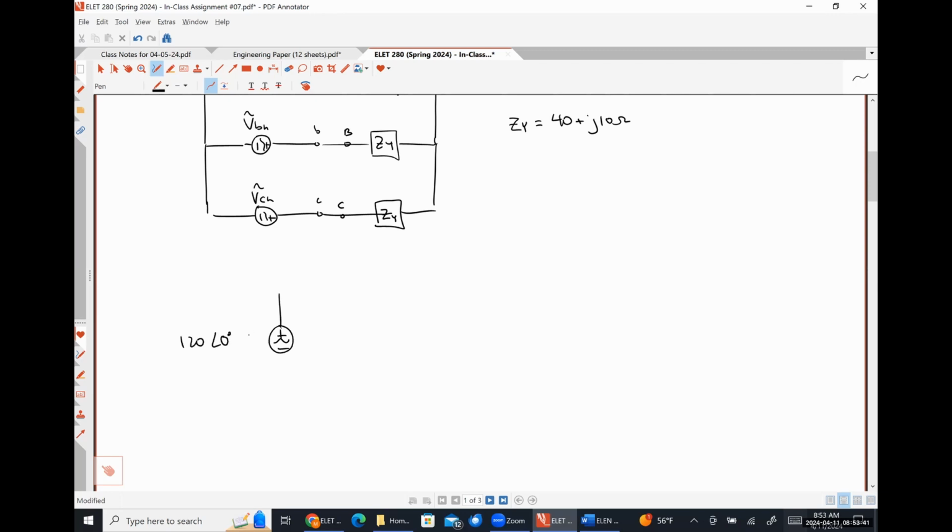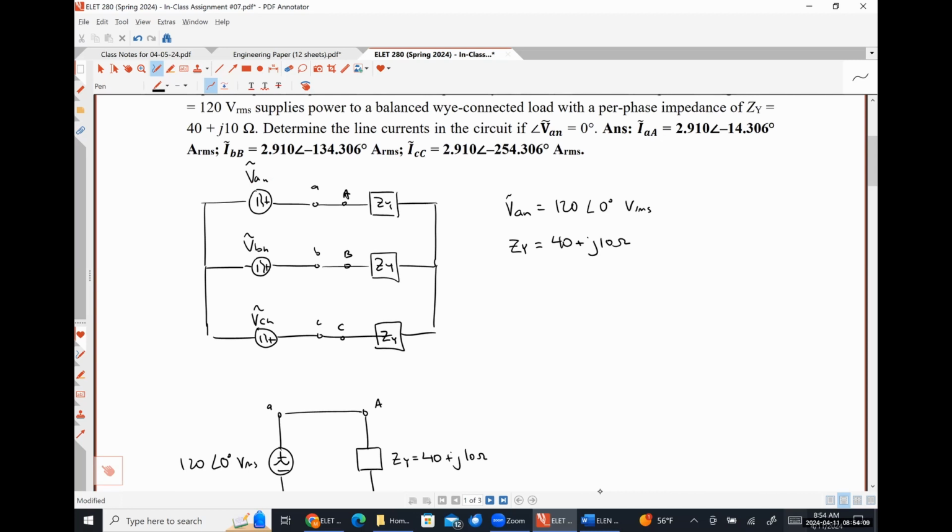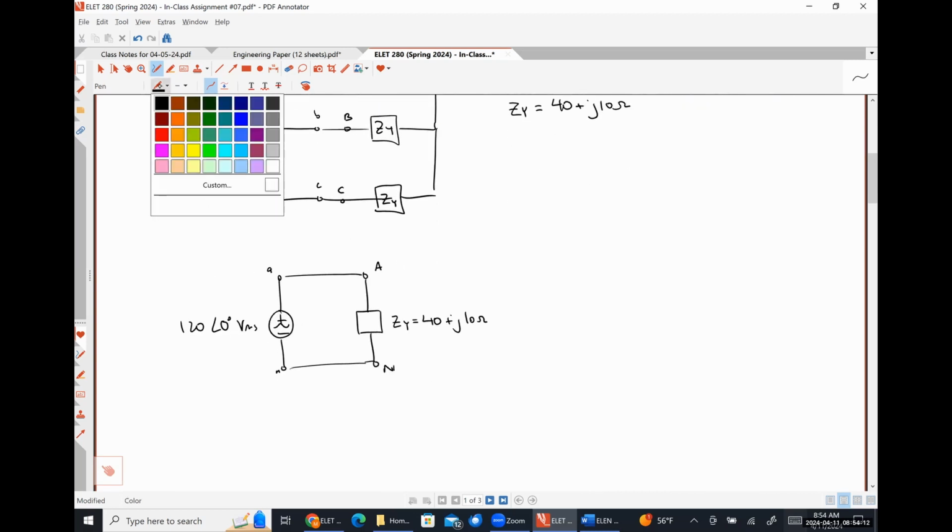I have a 120 angle 0 degrees volt RMS source, and then I have my ZY is equal to 40 plus J10 ohm impedance. And we are specifically asked to find our line currents, right?